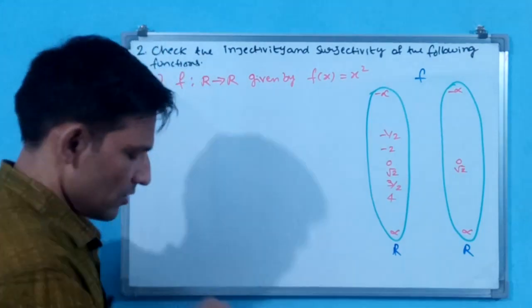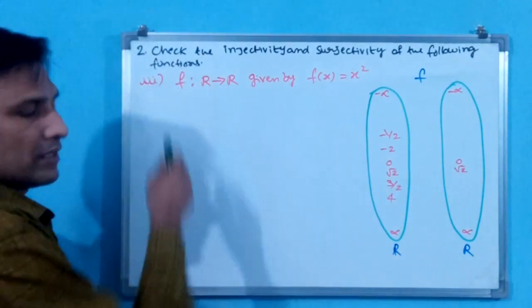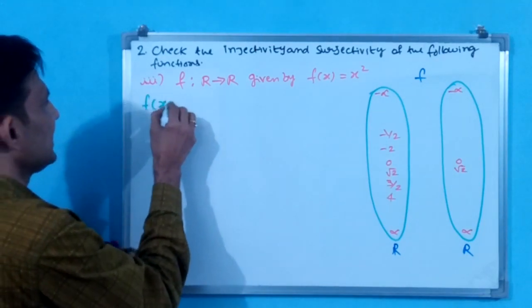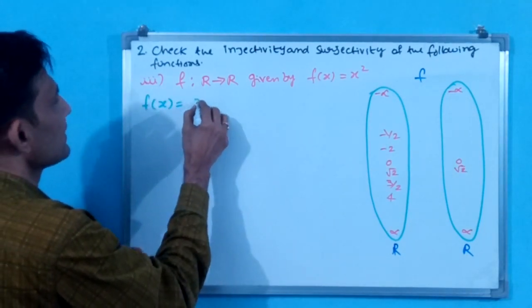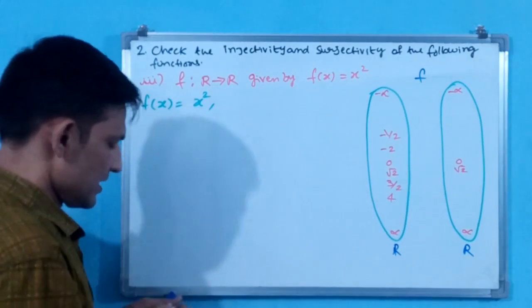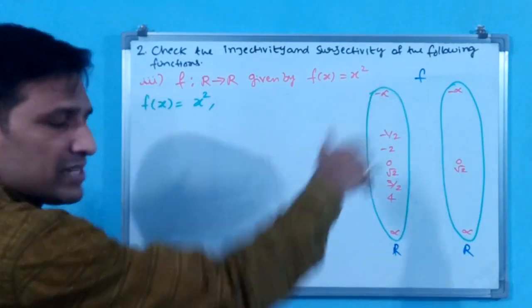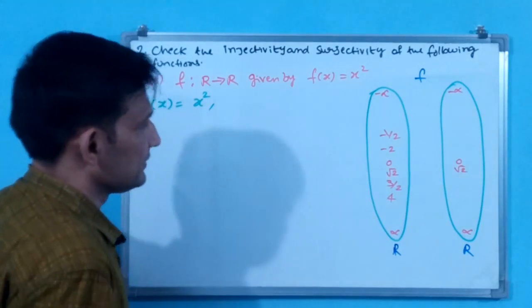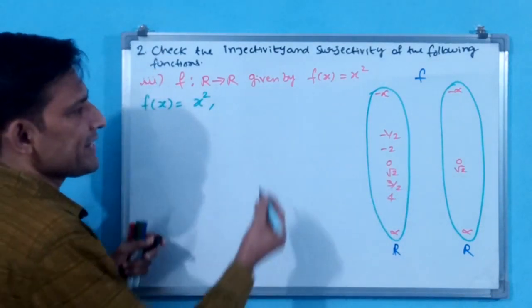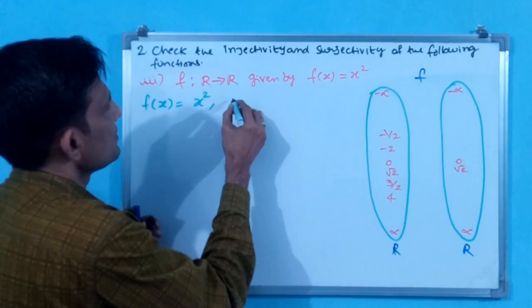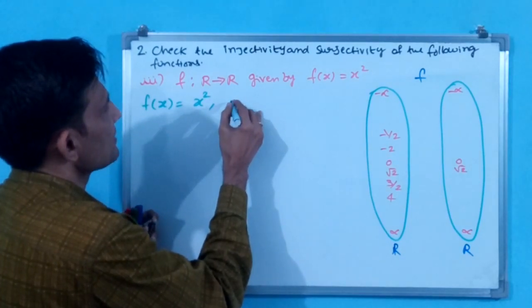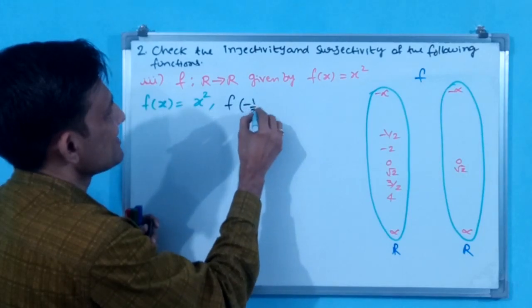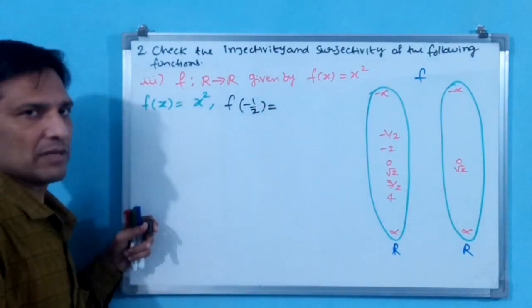Okay, now come back, write the function again, f of x is equal to x square. Now say randomly I take minus 1 by 2, f of minus 1 by 2.